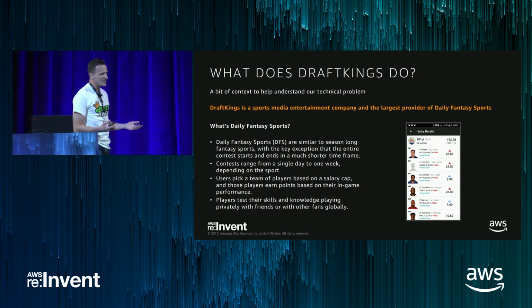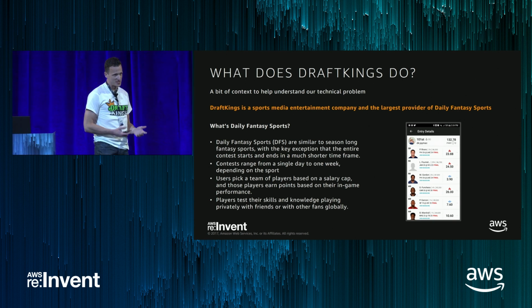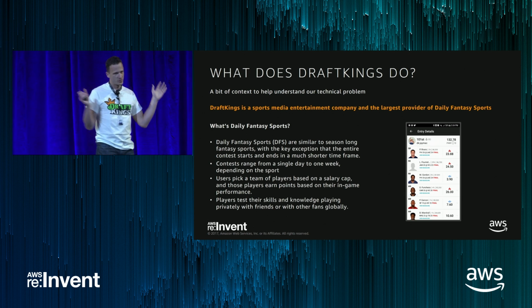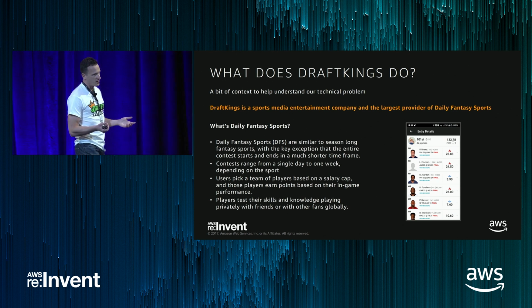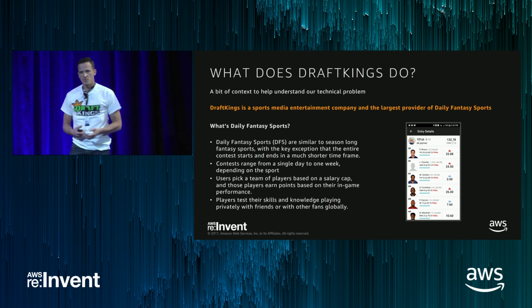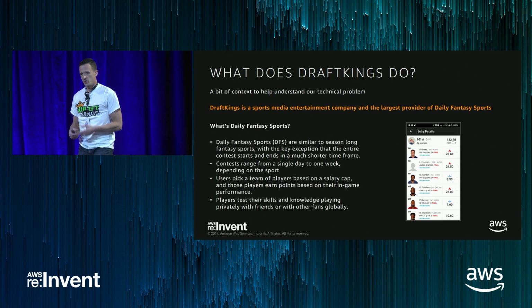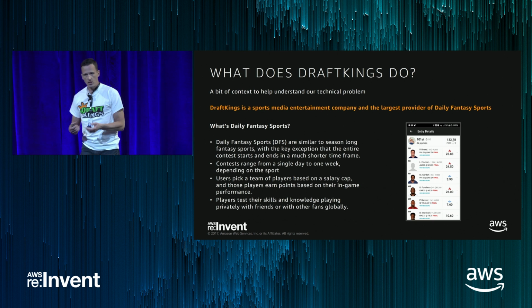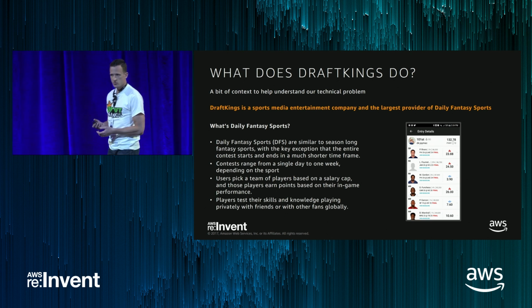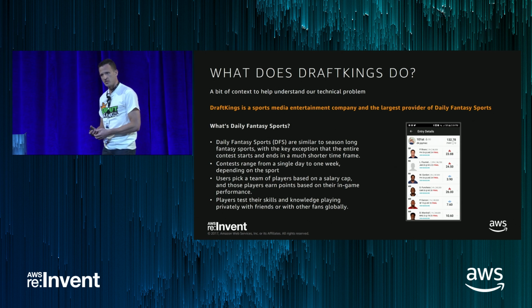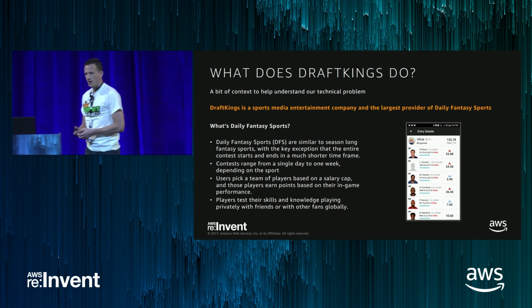Daily fantasy sports is like season-long fantasy sports, except we take the whole concept and we shrink it down into a much shorter amount of time. So for football, that would be a week. For NBA, it could be just a day. So you come to the site, you draft, you follow along. You compete against friends or against other DraftKings users, and test your skill and knowledge as a sports fan.